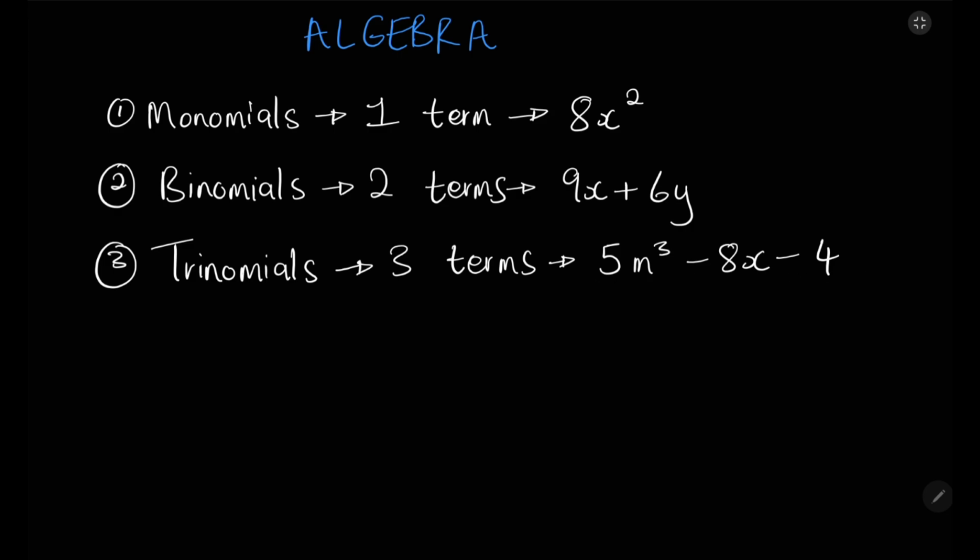To remember this, know that mono means 1. Binomial says the word bi in it, so bi means 2. And tri means 3. Bi, think of a bicycle. A bicycle has 2 wheels, so it's a binomial. Trinomials, tri means 3. Think of a tricycle. It has 3 wheels. And that is how you can memorize these.